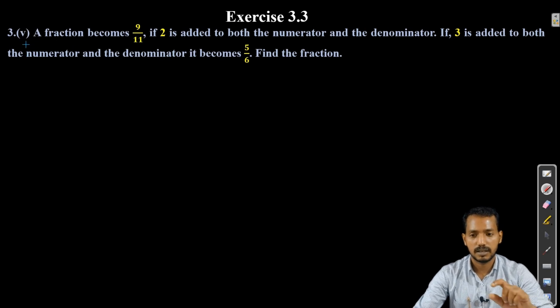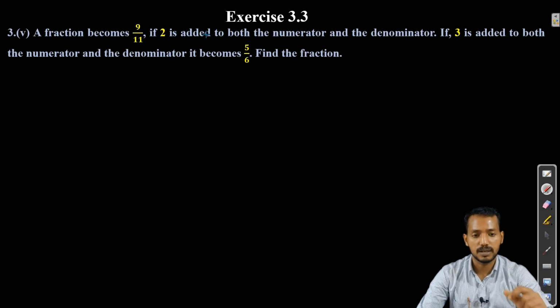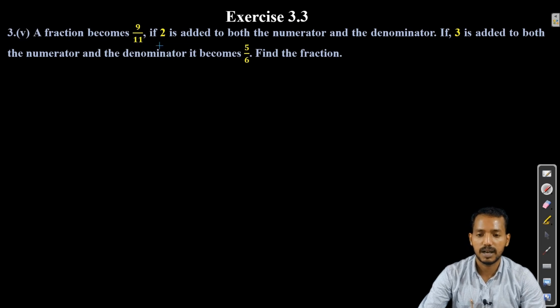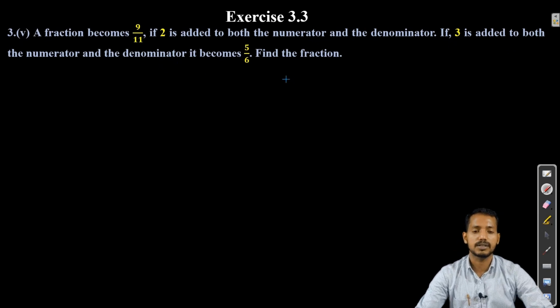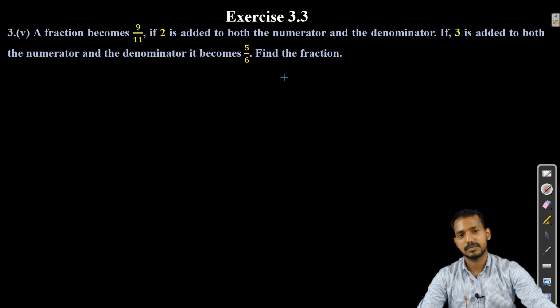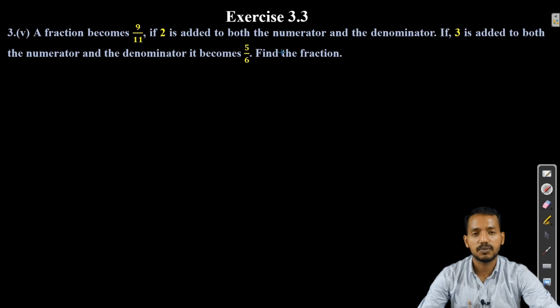Now I am taking option number 5 from the same question 3. This is a very important question related to fractions. A fraction becomes 9 by 11 if 2 is added to both the numerator and denominator, and if 3 is added to both the numerator and denominator it becomes 5 by 6. Find the fraction. Very simple one. So here we have to find the fraction.